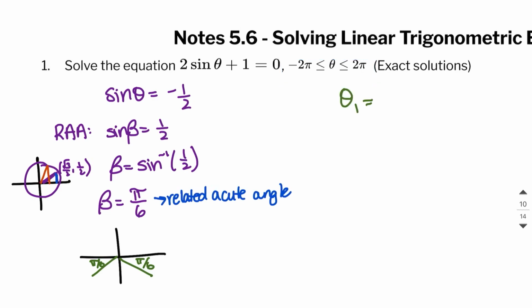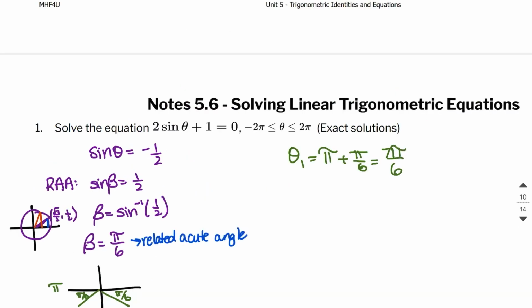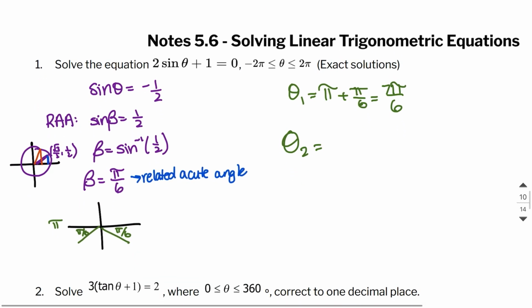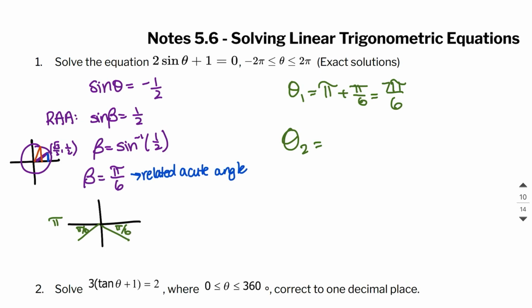My first angle would be at pi, and then I would add another pi over 6. So 1 pi plus pi over 6 is going to become 7 pi over 6. For my second value of theta, it would be in quadrant number 4. So this would be pi over 6 less than 2 pi. So I would do 2 pi minus pi over 6, which would give me 11 pi over 6, because 2 pi is 12 pi over 6. Take away 1 pi over 6 from that, we've got 11 pi over 6.